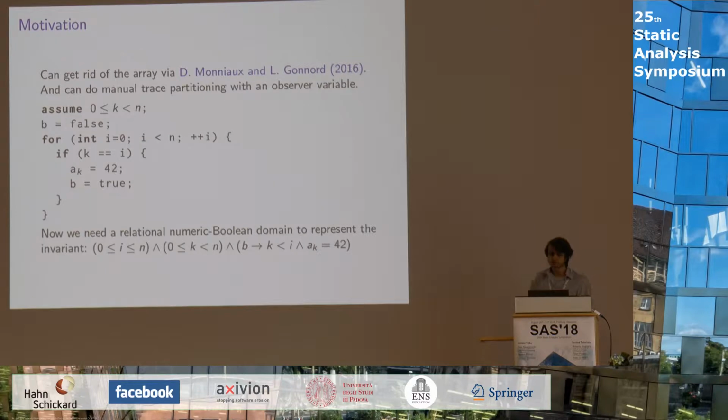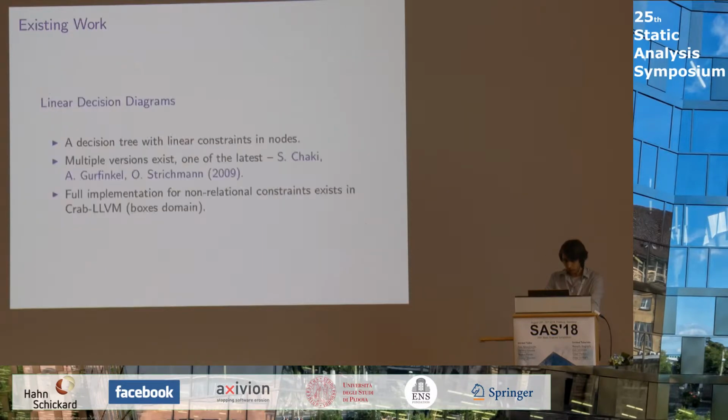So now we need a domain that can work with such abstract states. If we take a step back and forget about Booleans for a little bit, we could use these linear decision diagrams. It's a family of abstract domains of slightly different flavors, where you deal with a decision tree where the nodes are linear constraints.